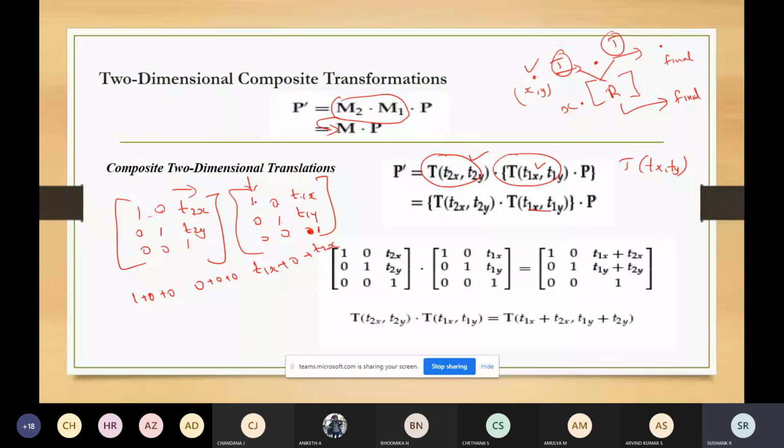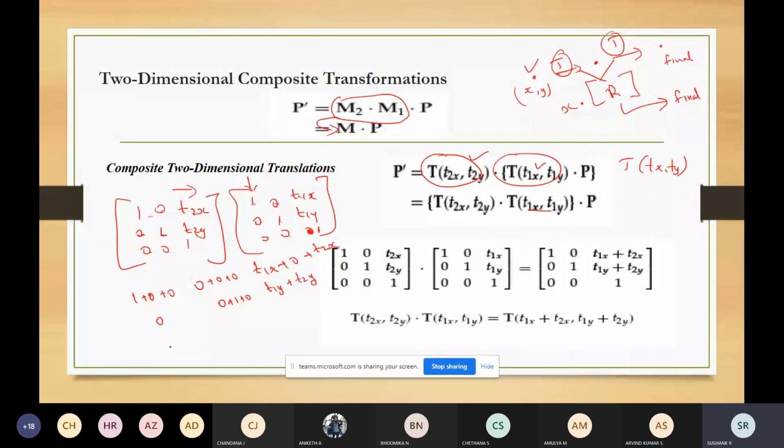After that, 0 into 0, 1 into 0, plus T2y into 0, so I'll get 0. Somewhere I think I'm making a mistake. 0 into 0, 1 into 1, 0 plus 1 plus 0. Then 0 into 0, 1 into T1y, so T1y plus T2y into 1, and you'll get T2y.